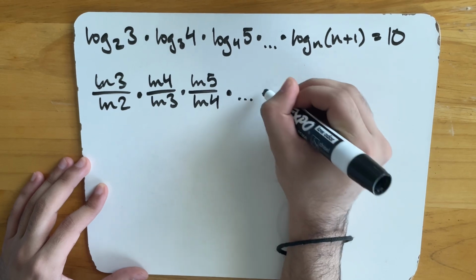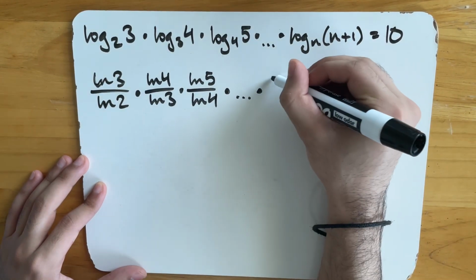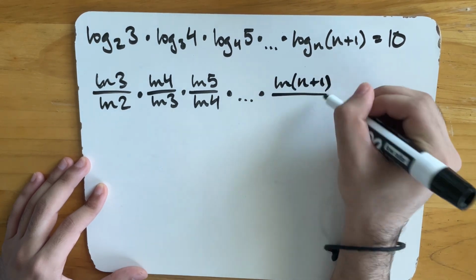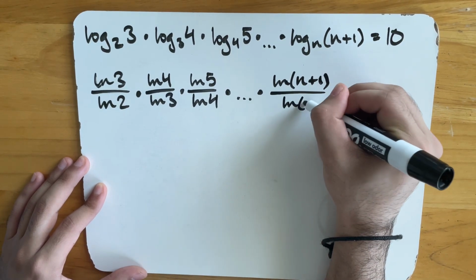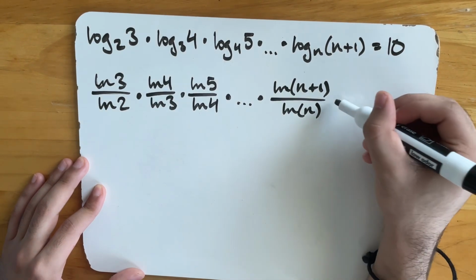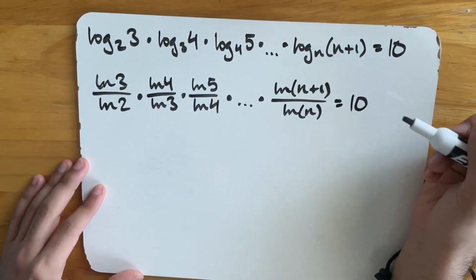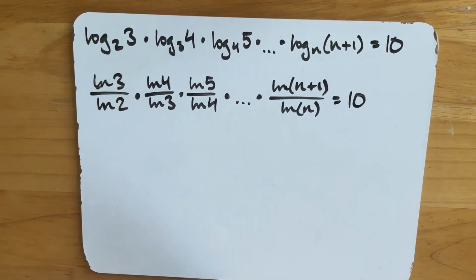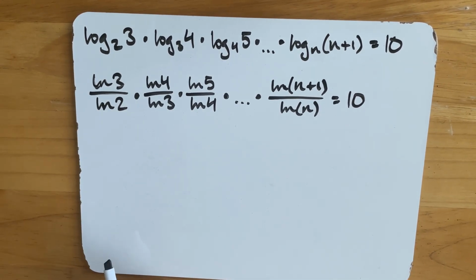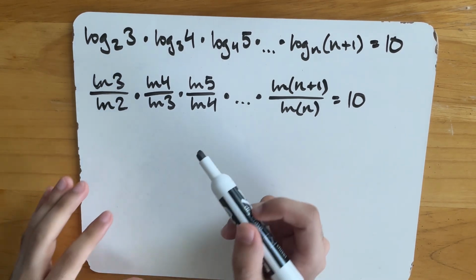And eventually our last term becomes ln n plus 1 over ln n. And all that is still going to be equal to 10. We didn't do anything to the right hand side, just changed the base. So at least all the logs are in a common base. Maybe that'll help.